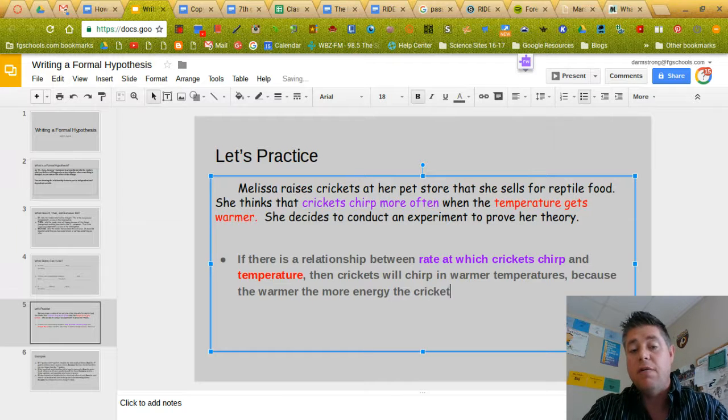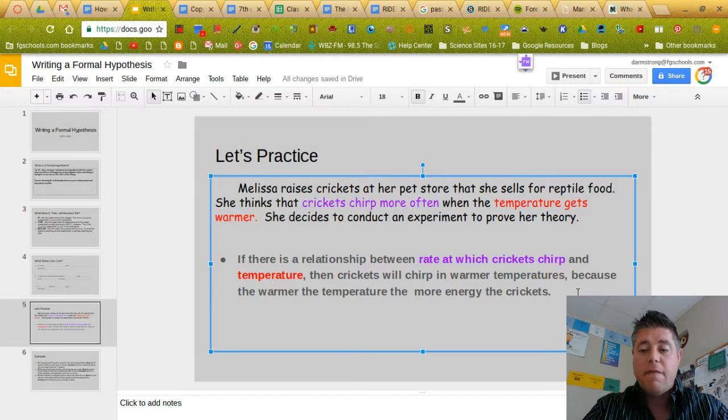I don't know if you knew this, but it's male crickets that chirp. So because the temperature is warmer, the more energy the crickets have. Boom. That looks good.